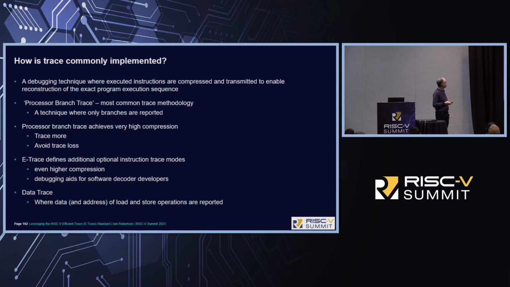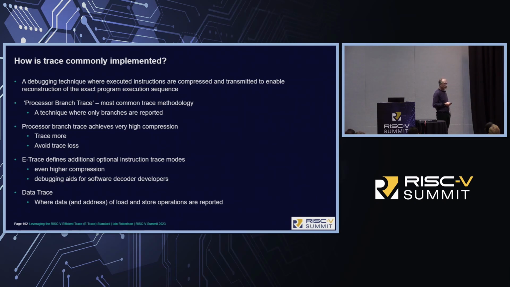So how exactly is trace usually implemented? Fundamentally, there are two key components in a trace solution. One is an encoder, which would be hardware on the die connected to the CPU.